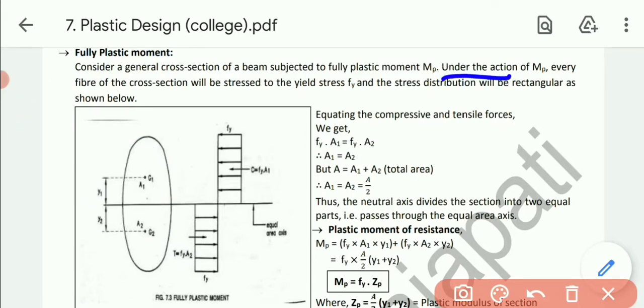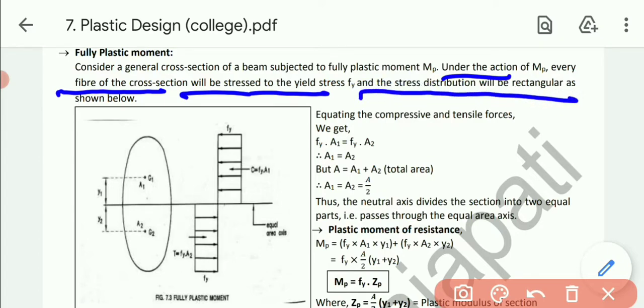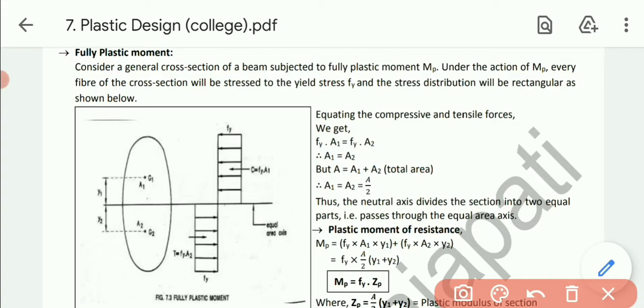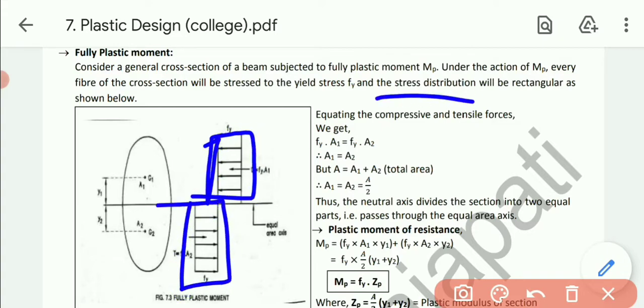Under the action of Mp, every fiber of the cross section will be stressed to the yield stress Fy, and the stress distribution will be a rectangle as shown in the figure. As we already discussed in the starting theoretical portion, ultimately the stress distribution will be in the form of a rectangle, as we can see in the figure.